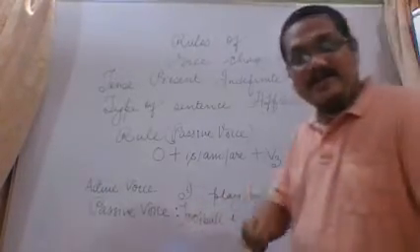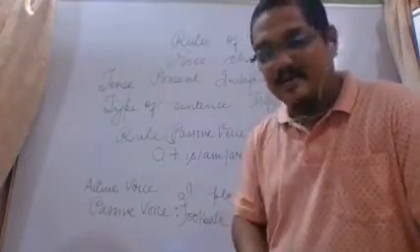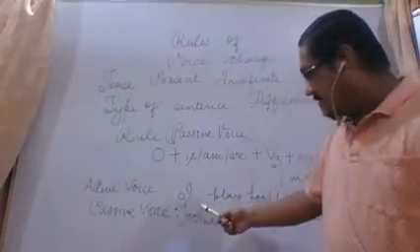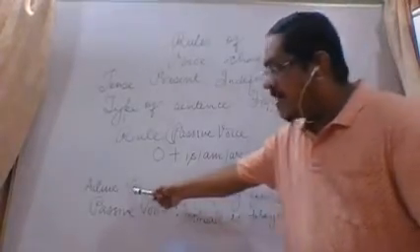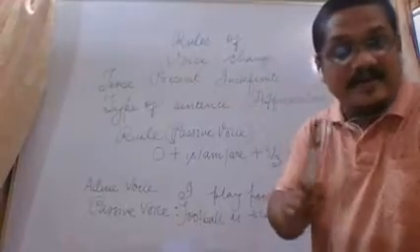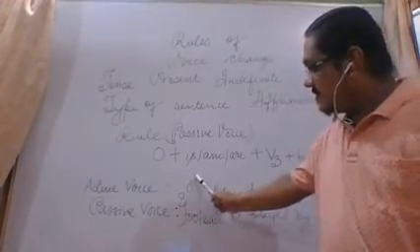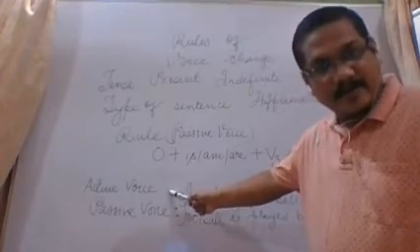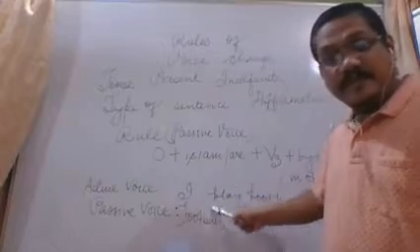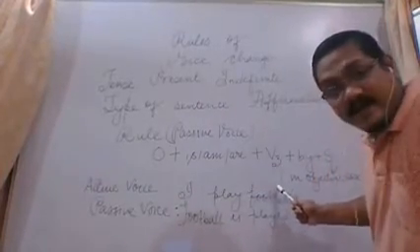So I have taken a sentence as I told you in my first class, the same sentence in fact. I have taken this sentence, I play football. This is in active voice. Why is it in active voice? Because you see, the position of the subject is in the beginning, the verb is in the middle, and football, the object, is at last.